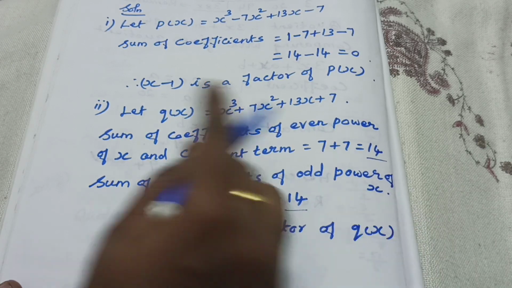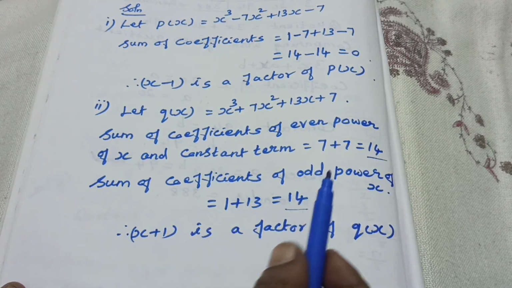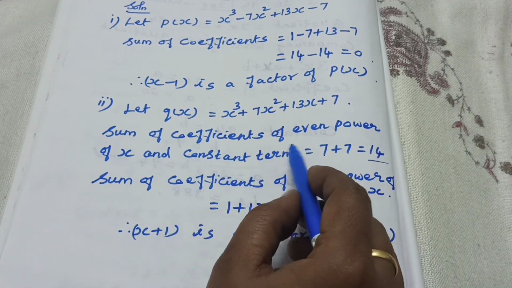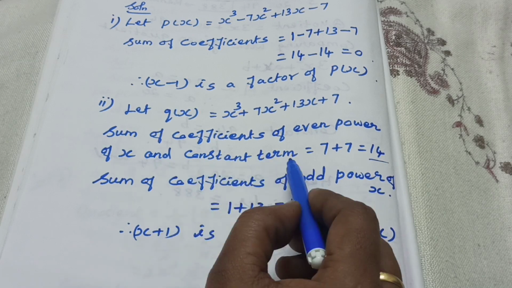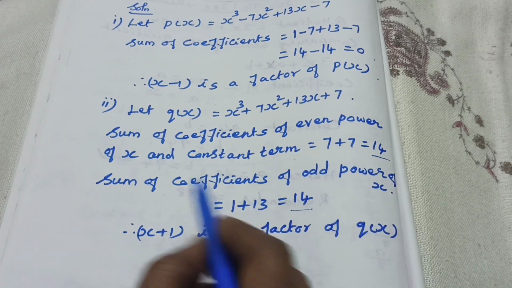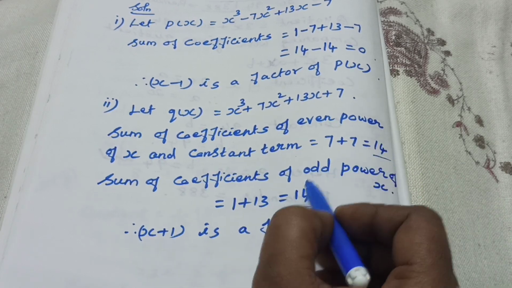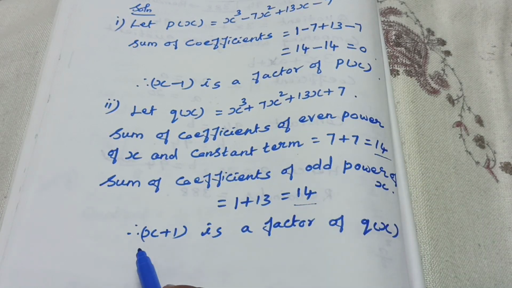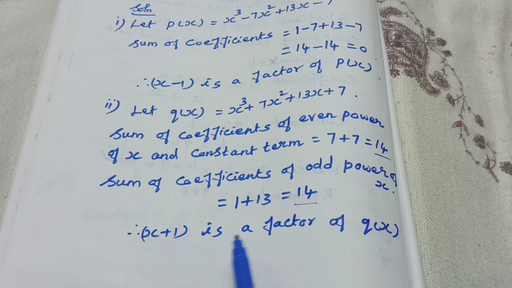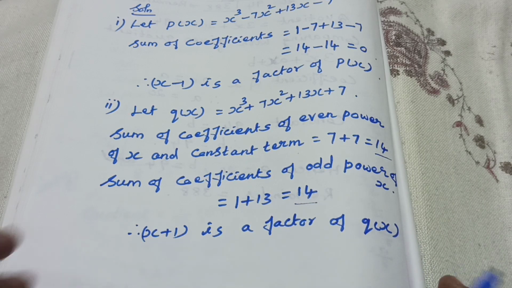We took q of x here, isn't it? Therefore, x plus 1 is the factor of q of x.